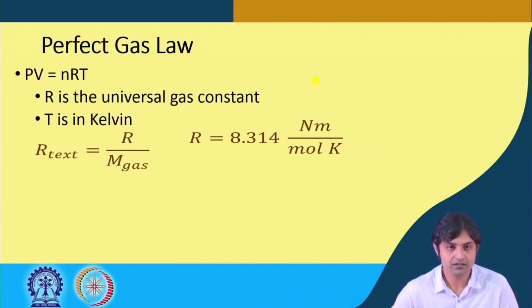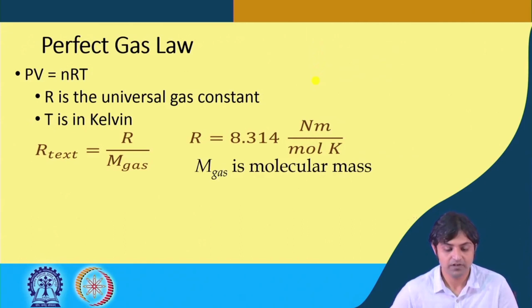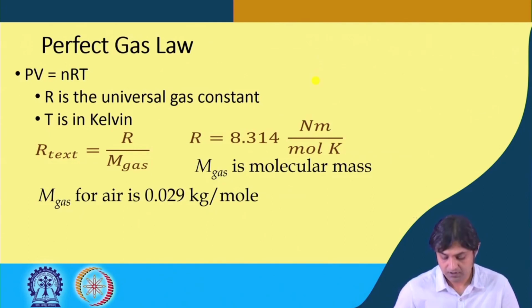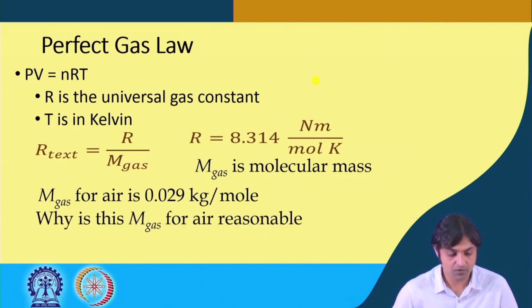In one of the textbooks that we are referring to, Munson, Okiishi, Young or Cengel, the R in the text has been written as R divided by M gas, where M gas is the molecular mass of the gas. M gas for air is 0.029 kilogram per mole. Can you guess why? Why is this M gas for air reasonable?